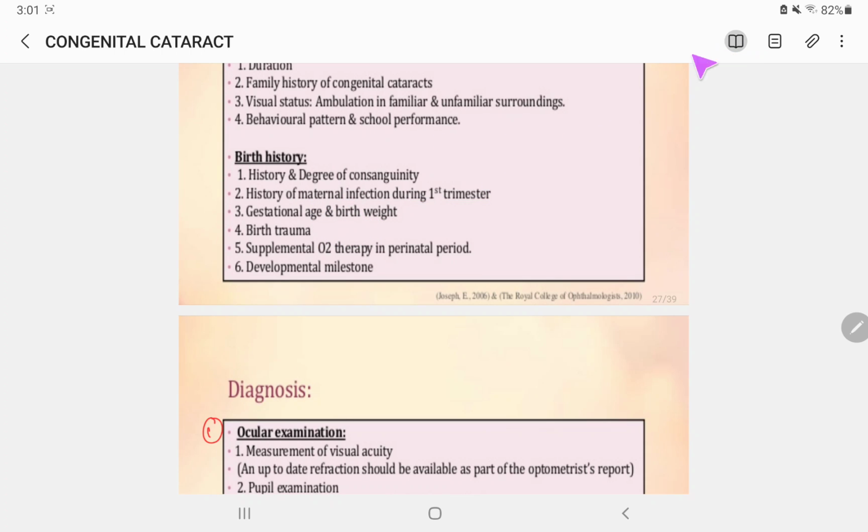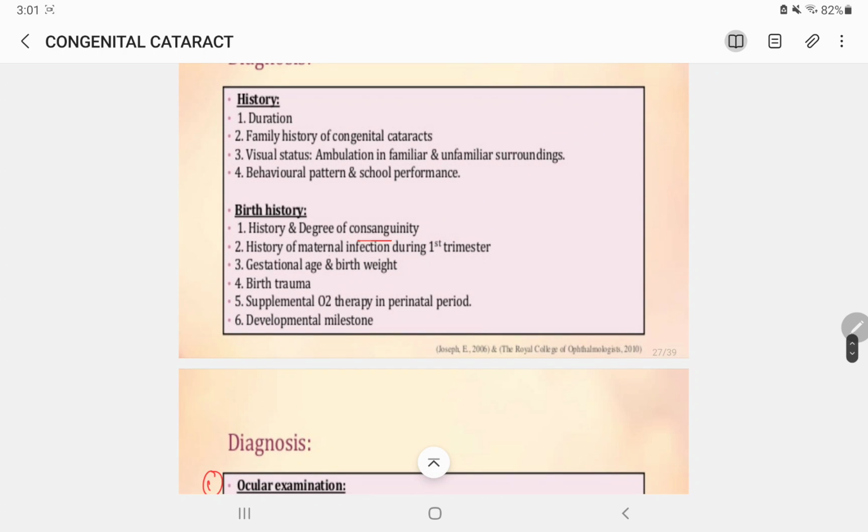Then the gestational age when the child was born, and the birth weight, because an underdeveloped child has an increased risk of developing developmental or congenital cataract. Then any traumatic history, any kind of birth trauma. And then supplemental O2 therapy in the perinatal period, because this is also very important in the same developmental aspect.